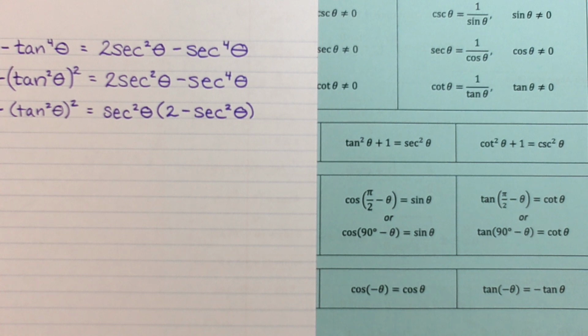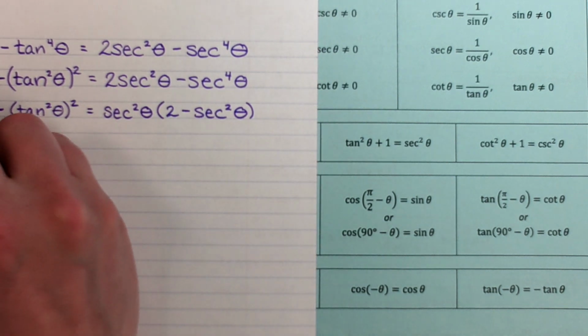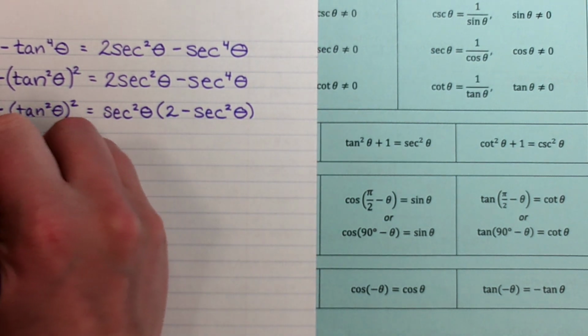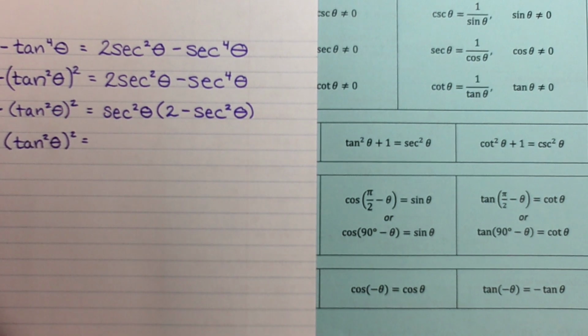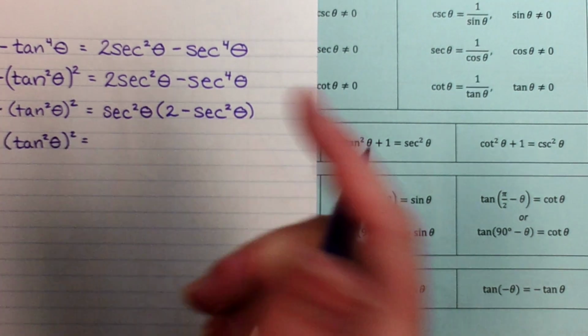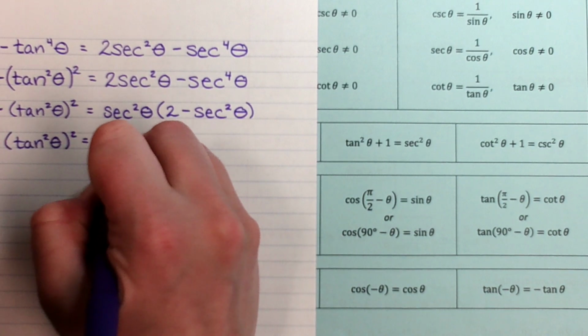The other way is I can change the secants into tangents. When I do that, I'm going to have to change them into tangent squared plus 1s, which means I might need some parentheses involved, but it can definitely work to our favor. So, secant squared becomes tangent squared plus 1.